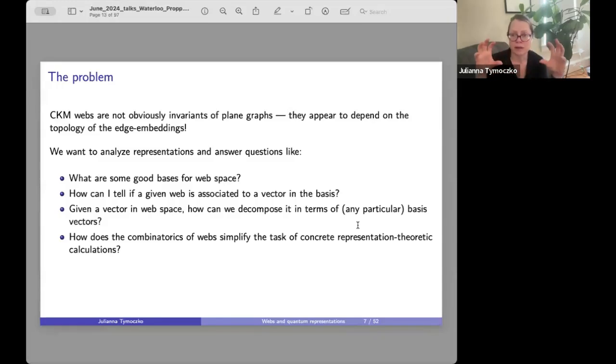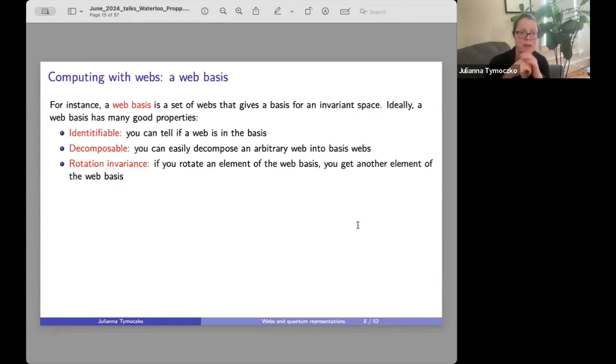And really behind all of these, how does the graph theory, the combinatorics of this question, allow me to simplify and do concrete representation theory calculations? All of these are hard to do when n is greater than or equal to 4, especially.